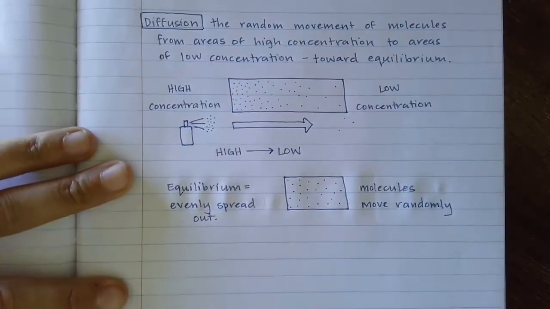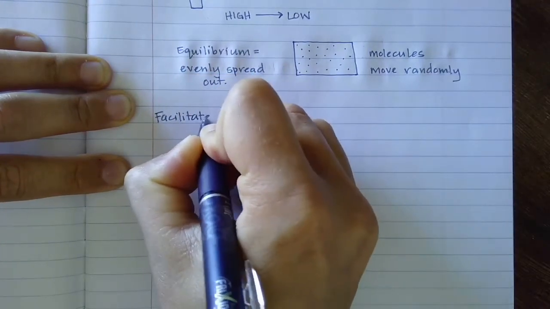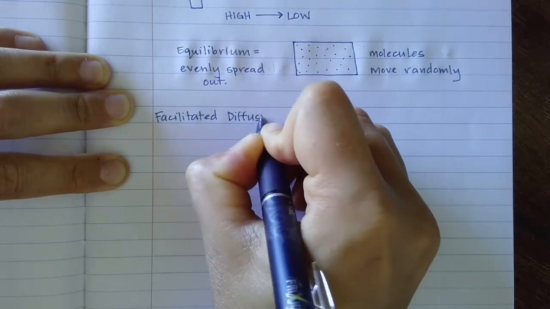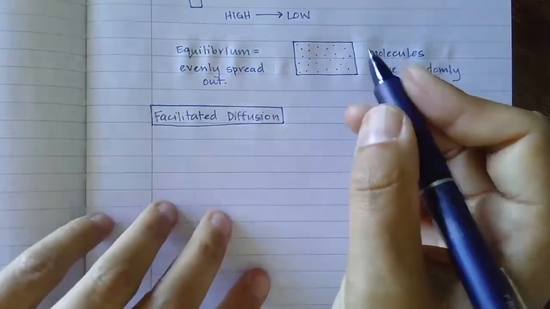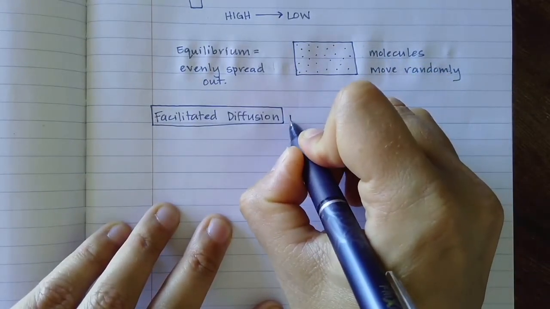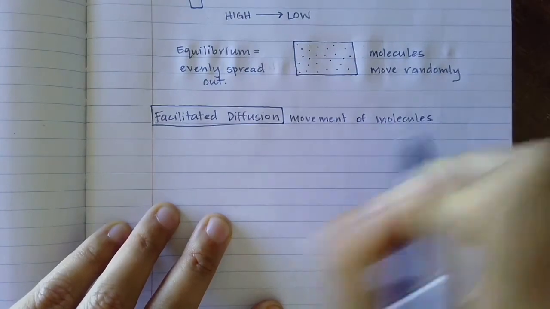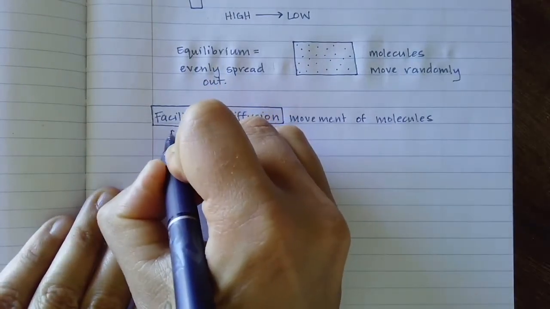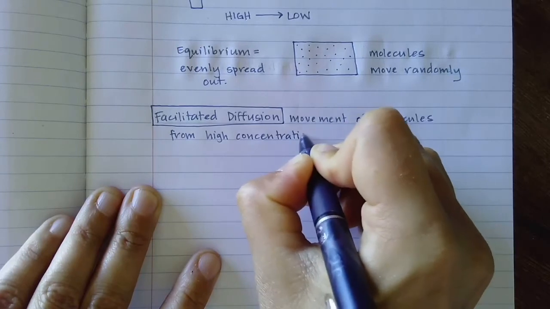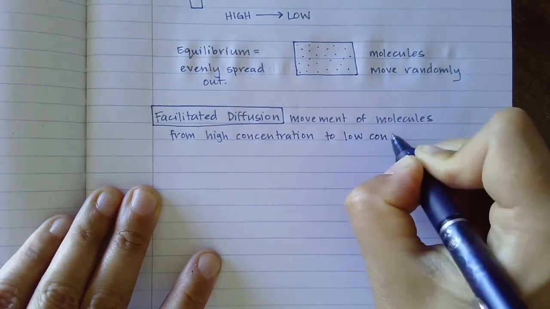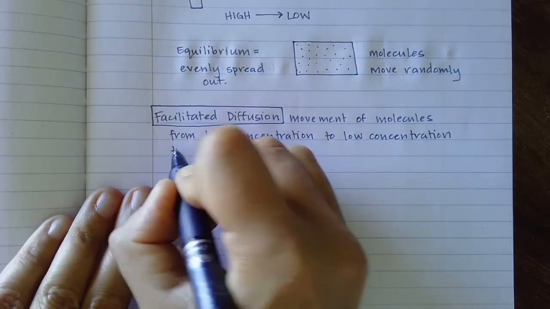Facilitated diffusion is a specific type of diffusion. Facilitated diffusion is the movement of molecules from high concentration to low concentration through a transport or a carrier protein.